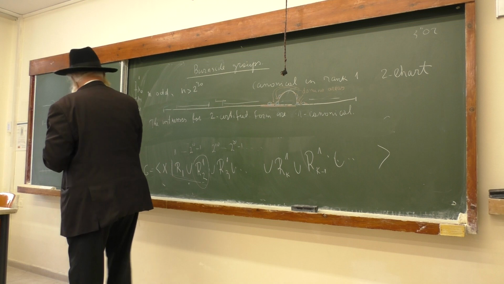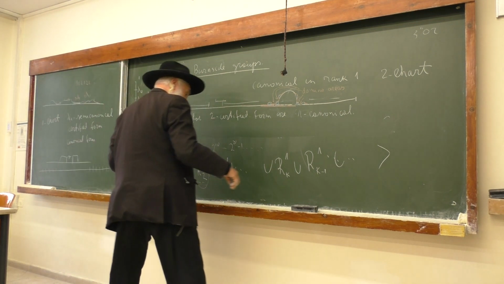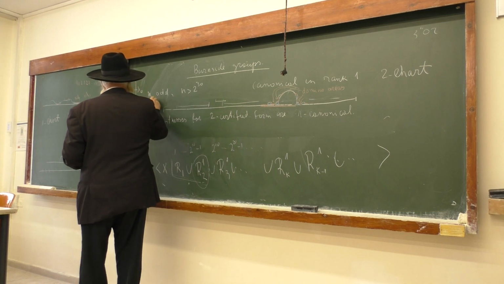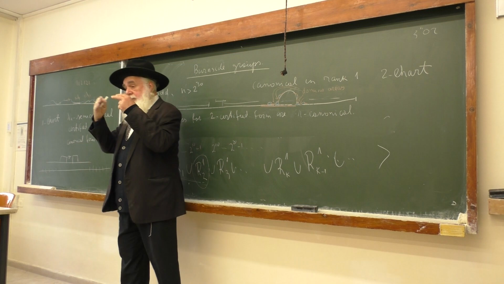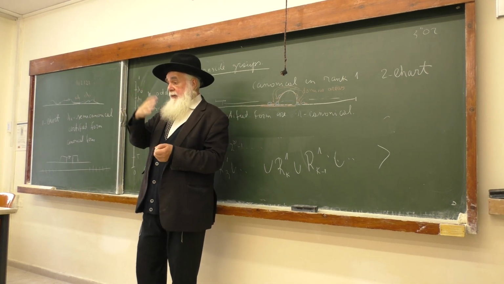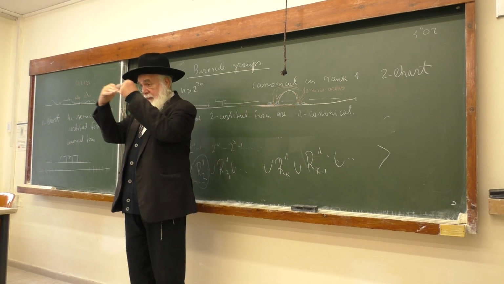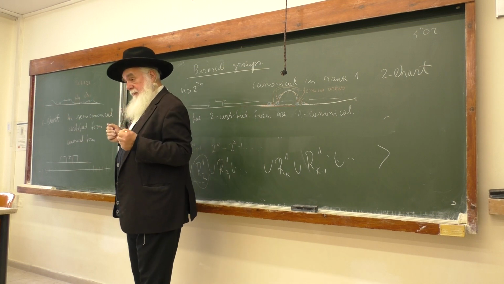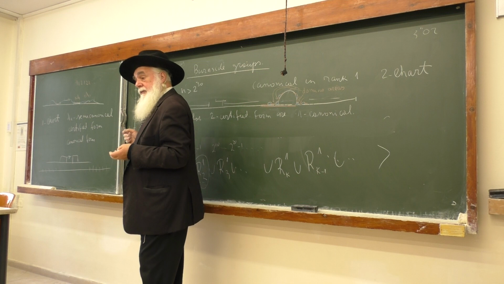Actually, they would be close to 1 minus lambda 1 or 1 minus lambda 2, because they were obtained as complements of those words that appear in the witness. And this was the restriction of the witness.